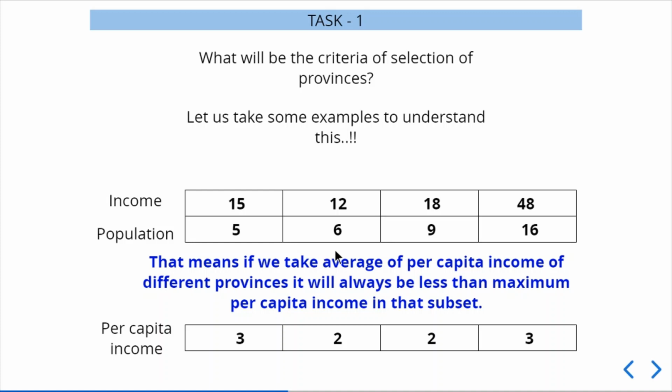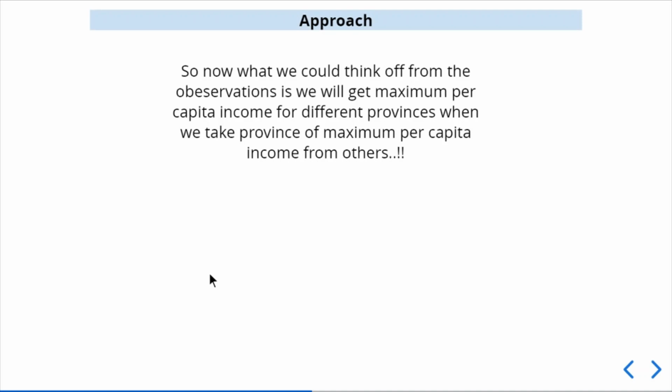So solely, the chef wants the maximum per capita income. If the only task in this problem was to give him the maximum per capita income, then we'd return the state that gives him the maximum per capita income. This is the one observation that we got by just reading the examples.